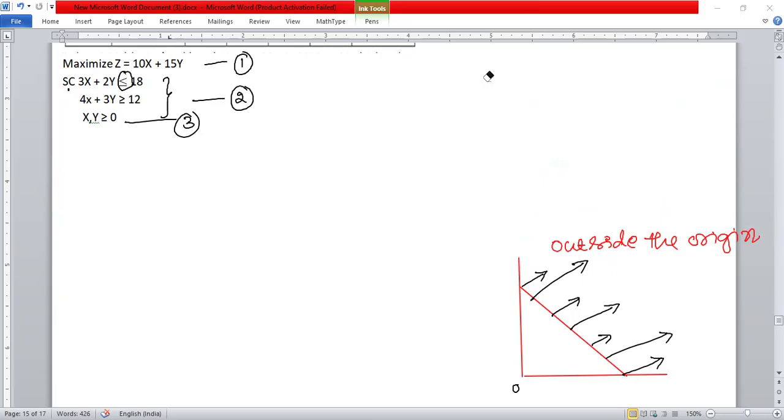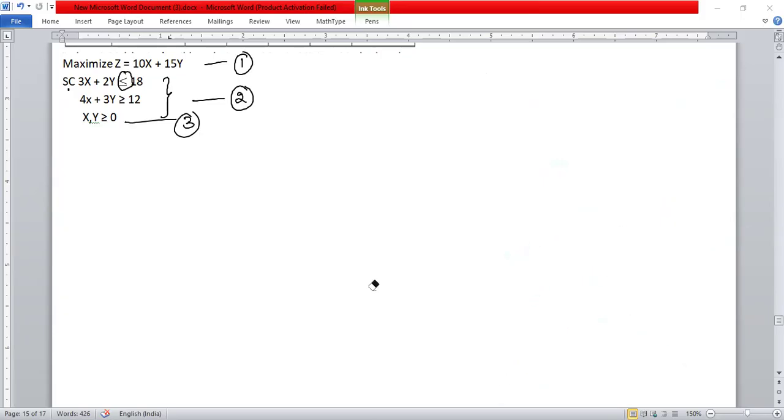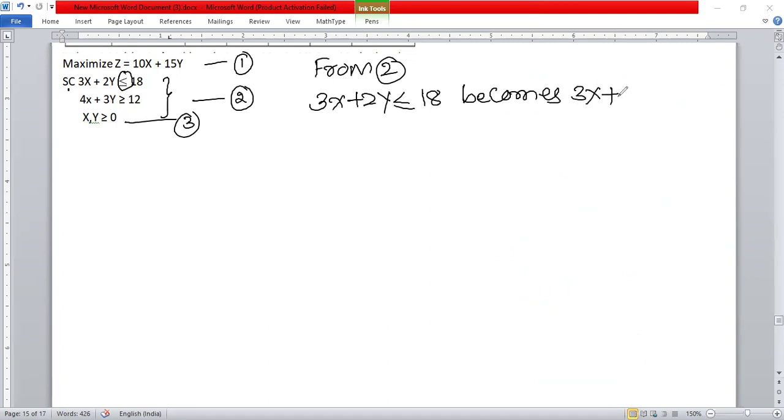So for LPP, linear programming problem, we are going to start from equation 2. 3x plus 2y less than or equal to 18 becomes 3x plus 2y is equal to 18.